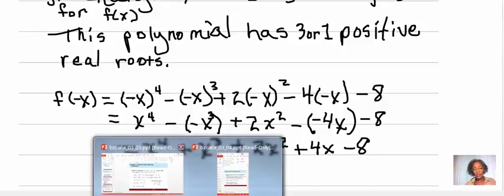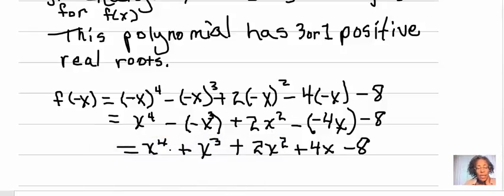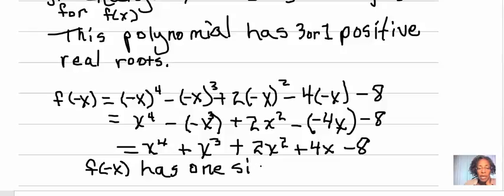And so you'll see here that all coefficients are positive for the first, second, third, fourth terms, and only the 5th term is negative. So f of negative x has one sign change. There's only one time the sign changes.